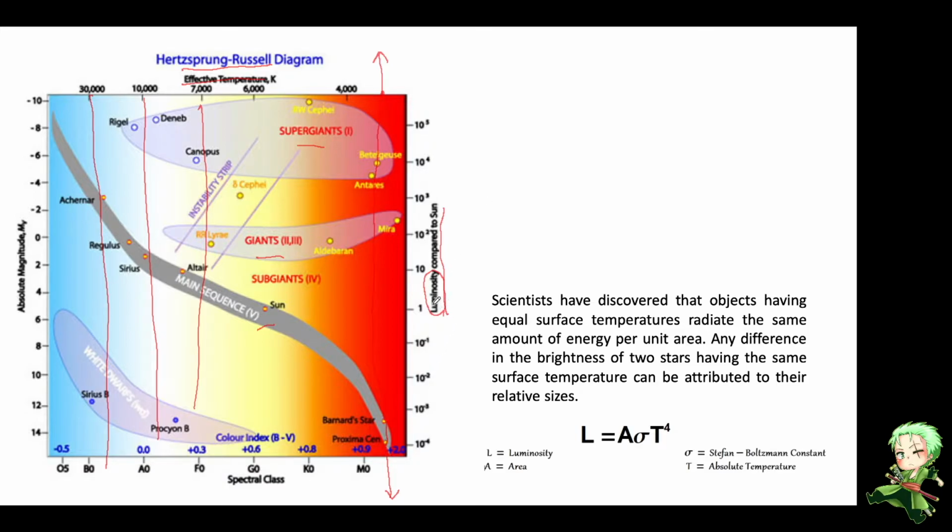So if you look into the luminosity, although we will define luminosity technically later, for the sake of this discussion first, we will go with the luminosity of our sun as 1. That means this is our standard one. If we try to compare how luminous Betelgeuse is with the sun, this is actually 10 to the power of 4, meaning Betelgeuse is 10 to the 4 as luminous compared to the sun.